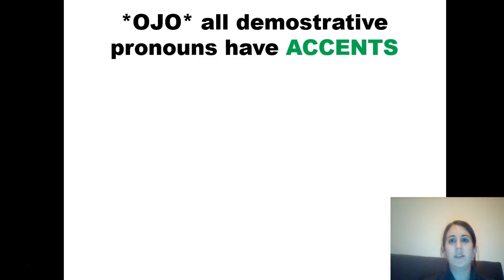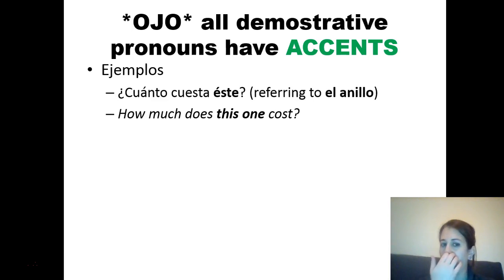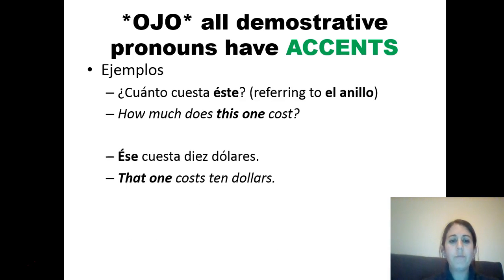So, if I wanted to say, instead of saying those cell phones, hey, those over there, then I would say esos. And I'm talking about the cell phones. So, here's an example. ¿Cuánto cuesta este? So if I held up a ring and I said, ¿Cuánto cuesta este? I'm saying, how much does this one cost? And the response could be, esa cuesta $10.